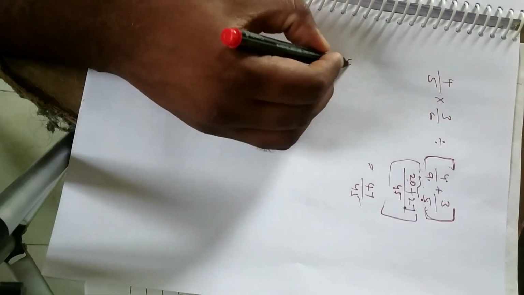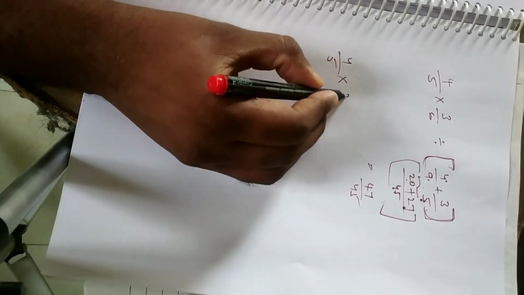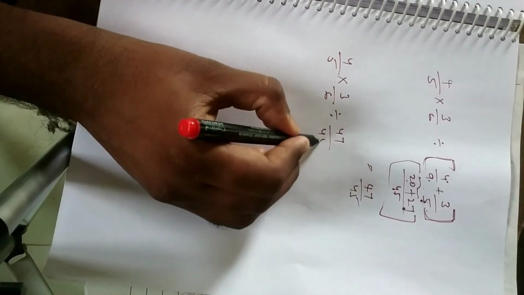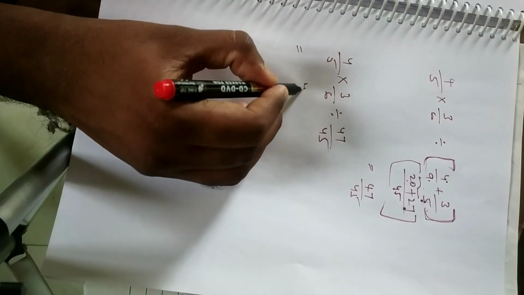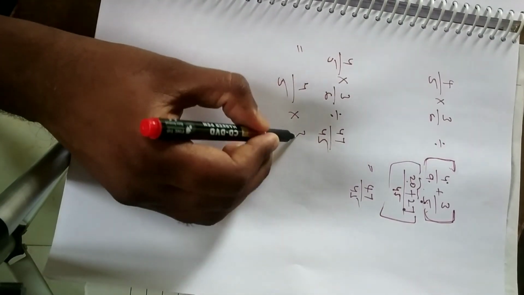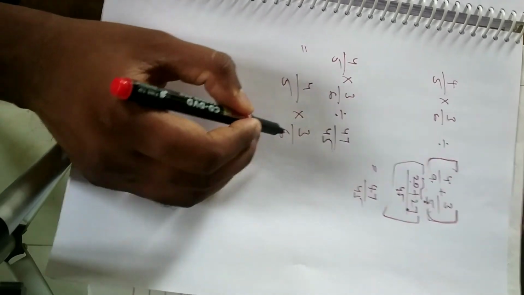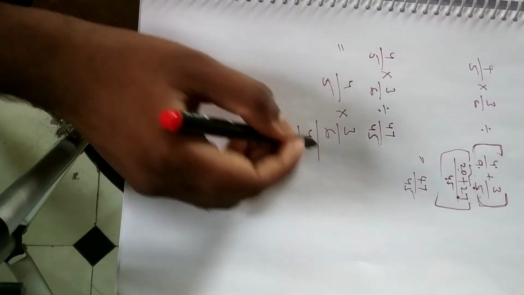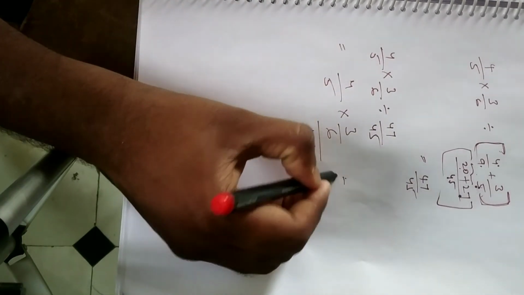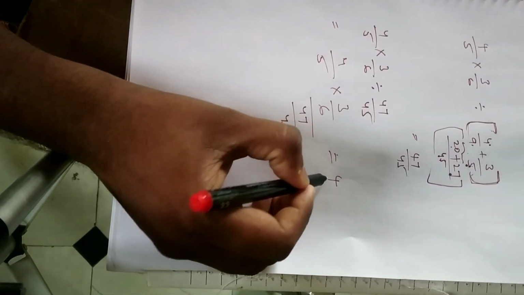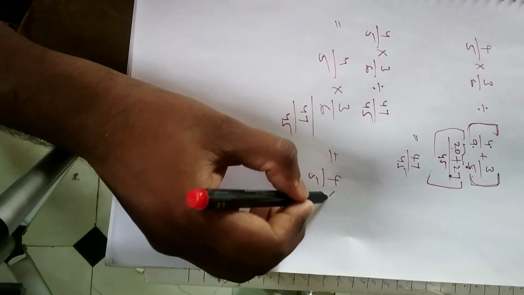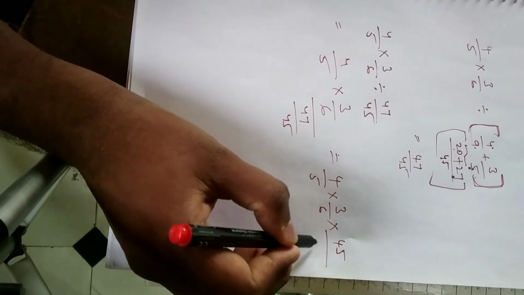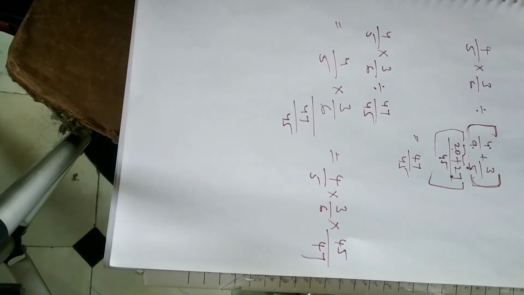Now 4 by 5 into 3 by 6 divided by 47 by 45 is equal to 4 by 5 into 3 by 6 into 45 by 47, right?